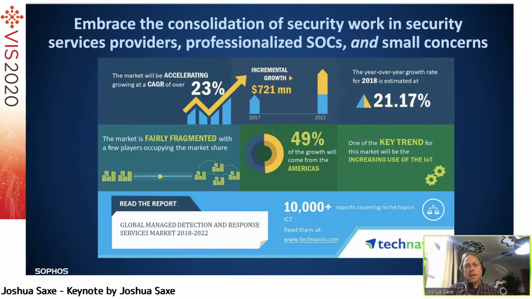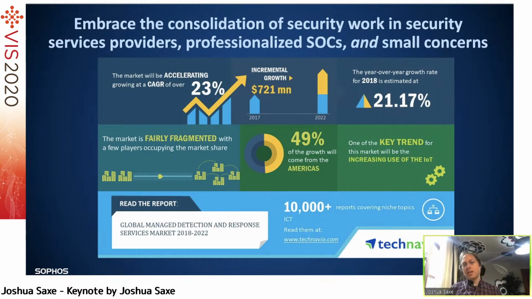There's a trend that I'm personally very excited by towards small businesses using expert human analysts to help defend their networks. And the way this is happening is large organizations like Sophos, but also CrowdStrike and many other large security companies providing security services to these small organizations.